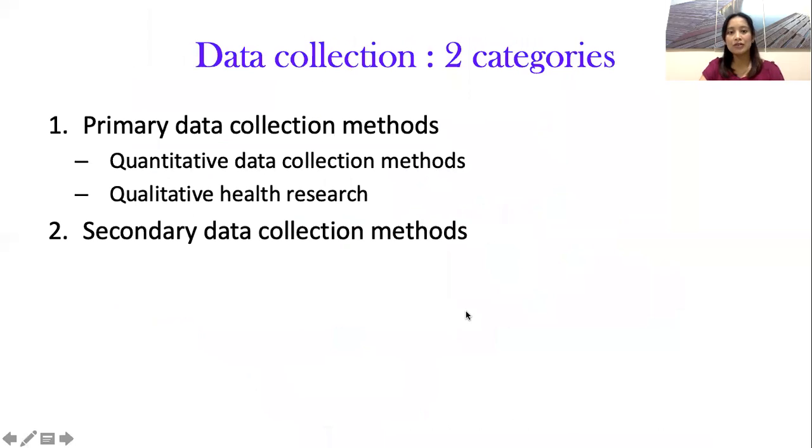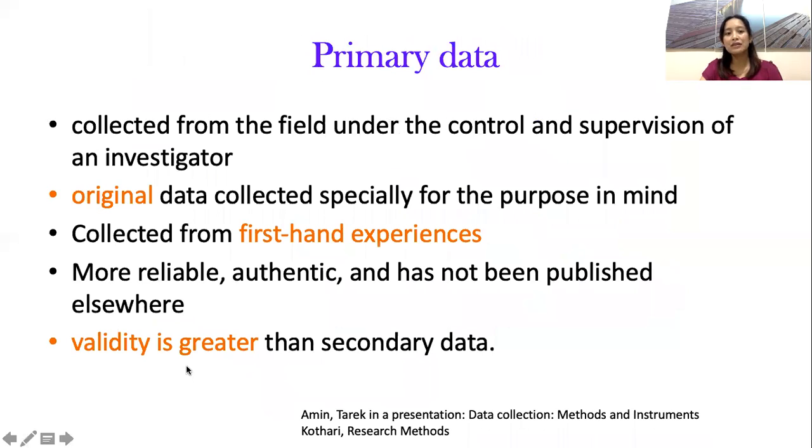So there are two categories of data collection. Primary data collection methods, which we divide into quantitative and qualitative data, and then secondary data collection methods. So for primary data collection, it is collected from the field itself under the control and supervision of an investigator.